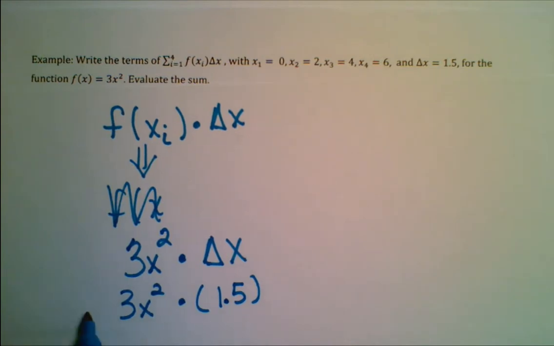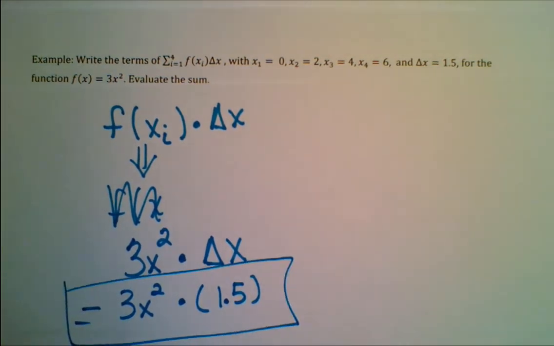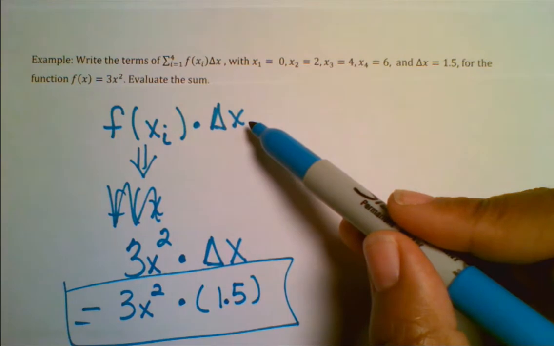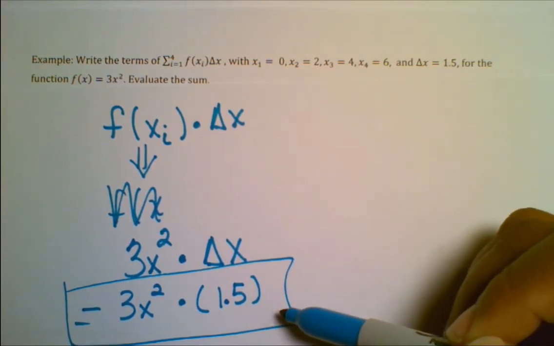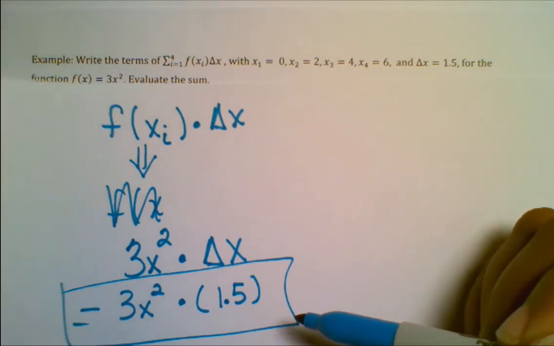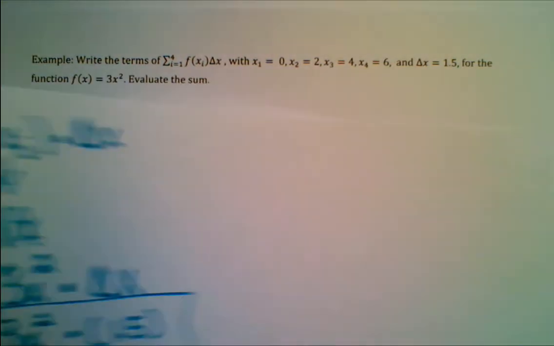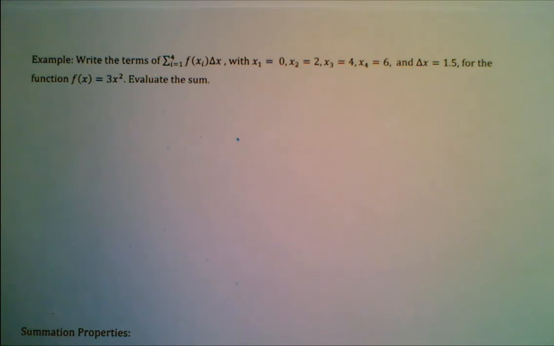So this is what the expression looks like, coming from where we started to how we are writing it out in a way that we understand this question a little bit better.